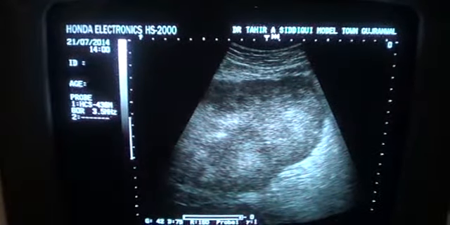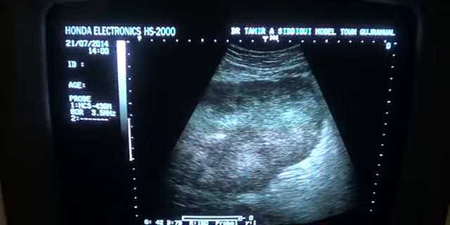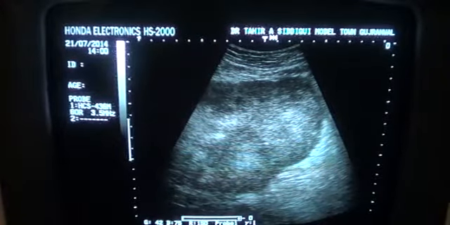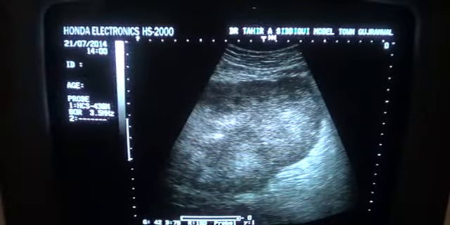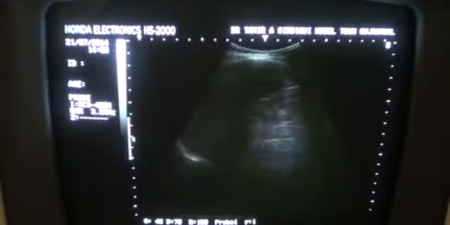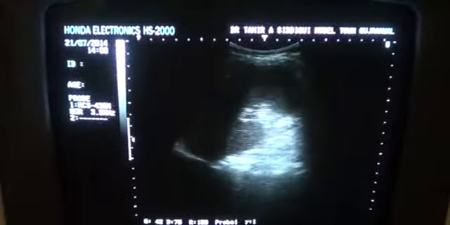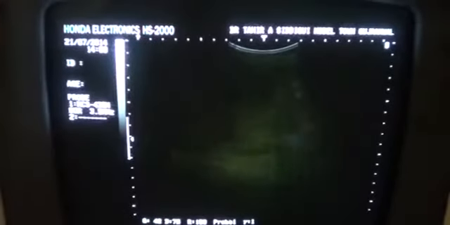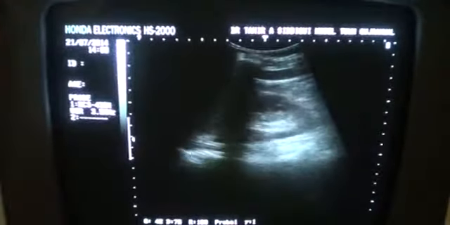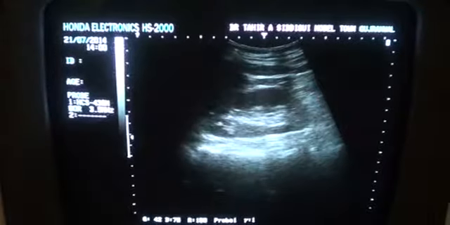Now no calcification is seen within this mass, and the spleen is normal in length from pole to pole, as well as the left kidney is normal.